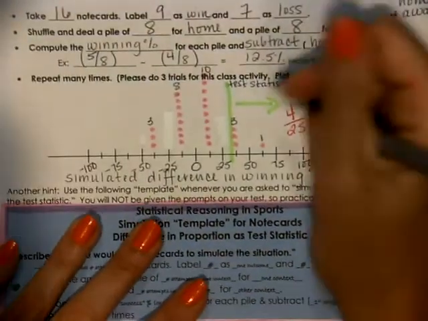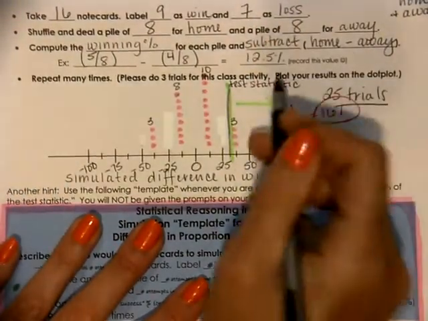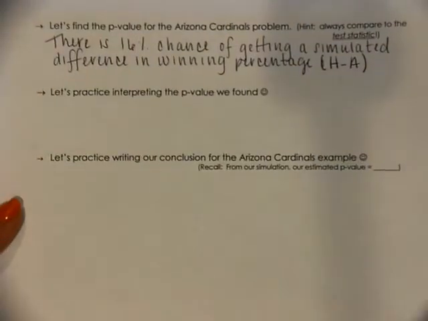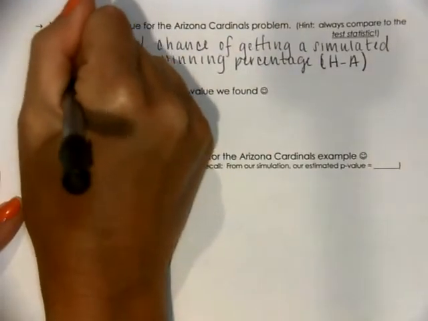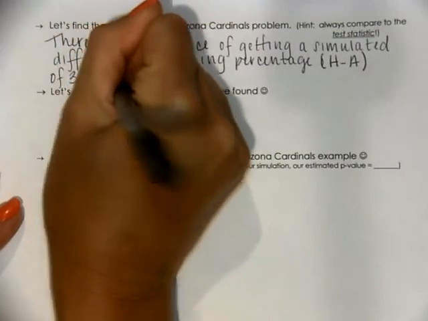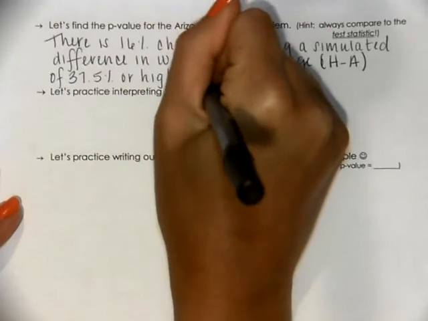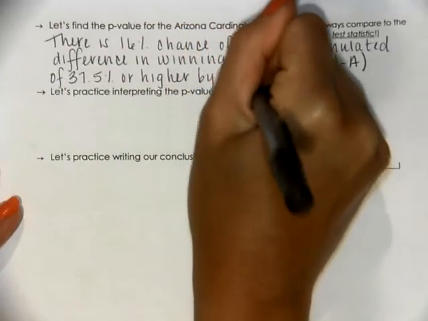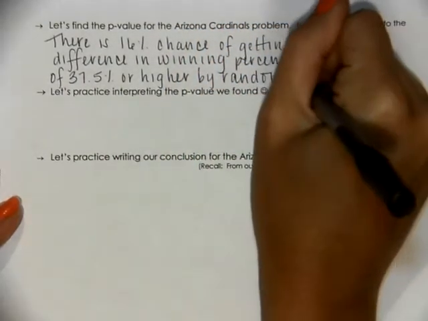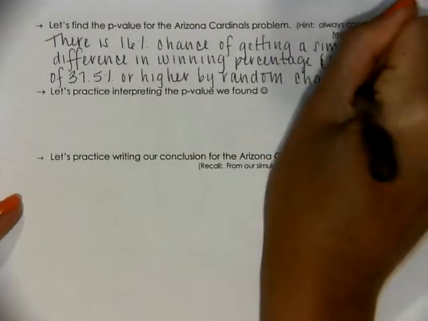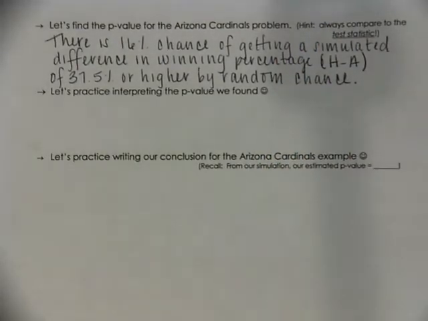Well, we looked at the value of 37.5% and higher just by random chance. Okay, so it's pretty likely to happen. It is likely to happen 16% of the time, just by random chance.